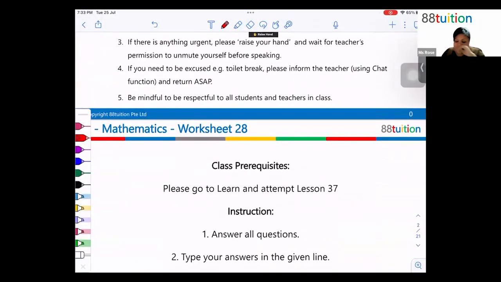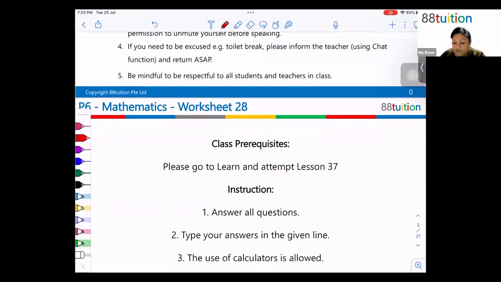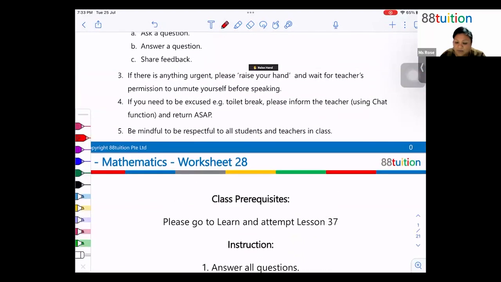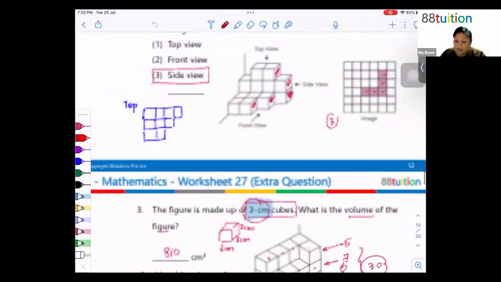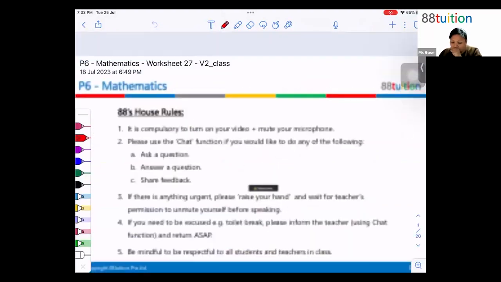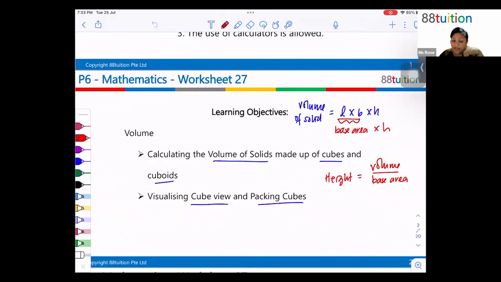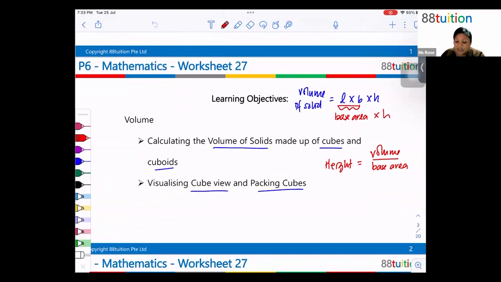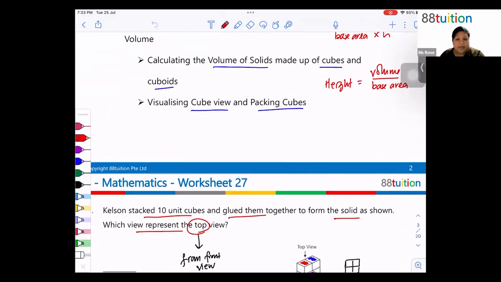All right, now let's take a look at this question. We're continuing with volume, which we started off last week. You recall last week what we did? Last week we completed volume of solids, cubes, and cuboids, as well as visualizing the cube from the different views and packing of the cubes.